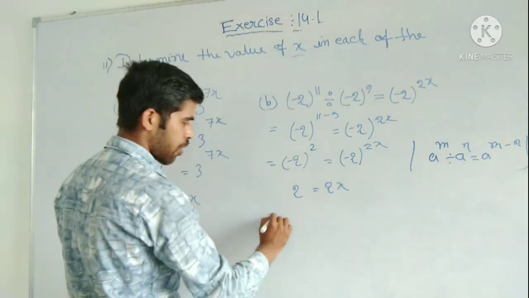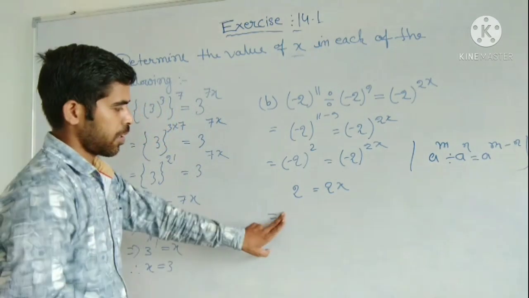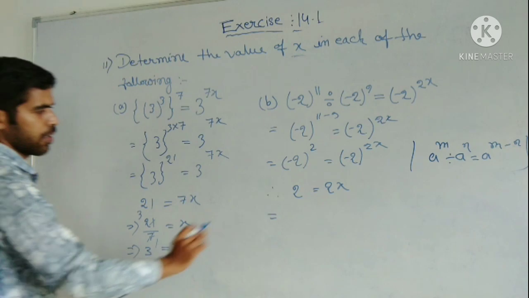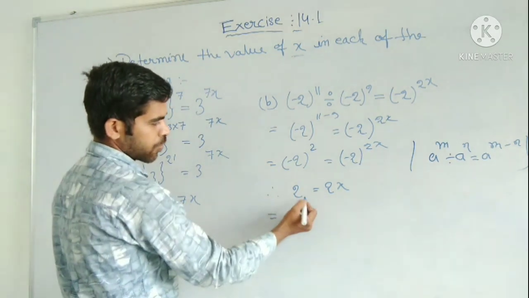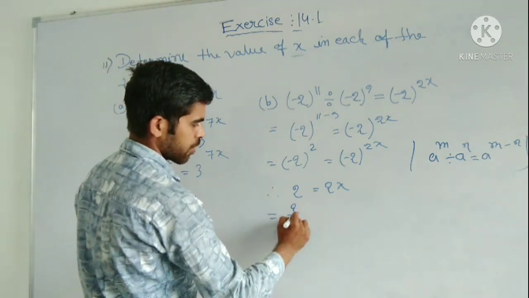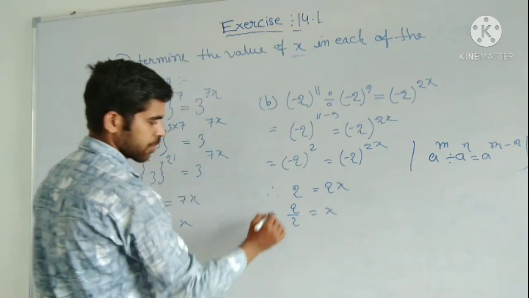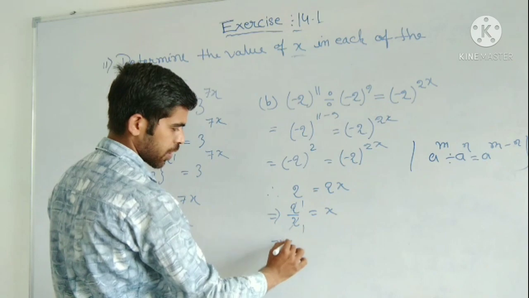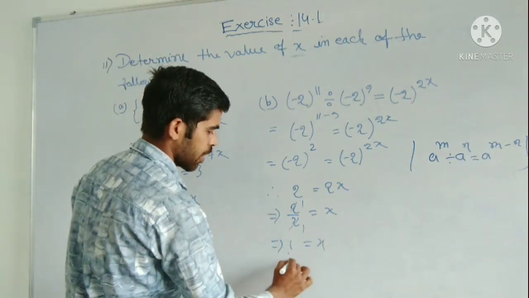Now you get the equal sign: 2 equal to 2x. Therefore, 2 by 2 equals x. So you cut this, and there is 1. Now what? x equal to 1. Therefore, x equals 1.